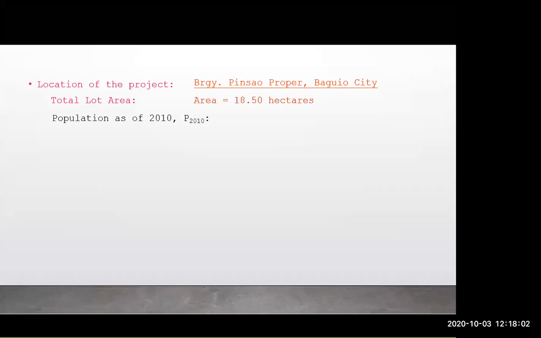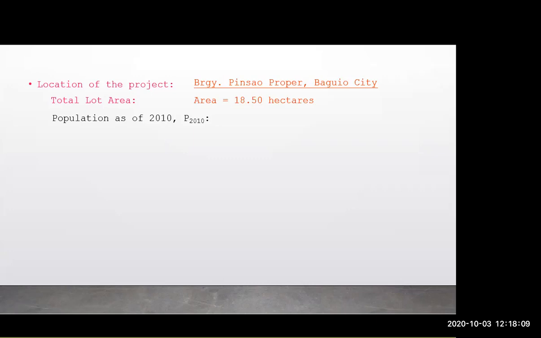So for example, you have the location of your project in Barangay Pinsao Proper, Baguio City. I don't have a picture of Barangay Pinsao. I'll show you later on. Anyways, I'll give you a study site. I would be the one to indicate where you are to put your STP.